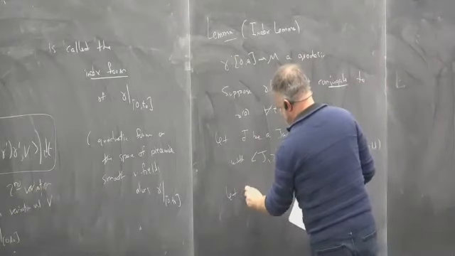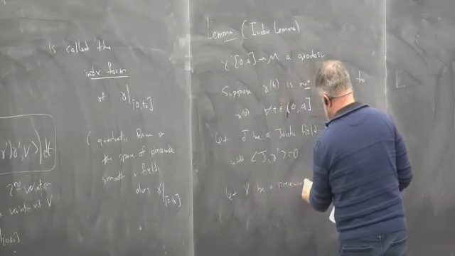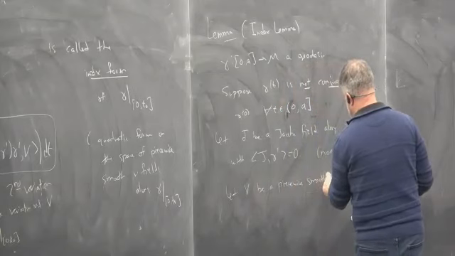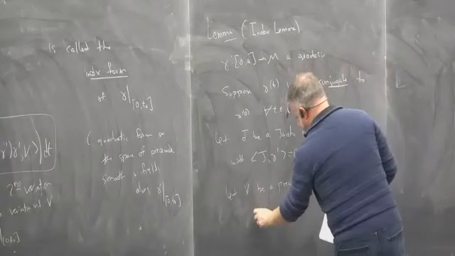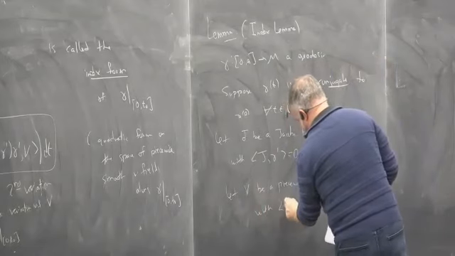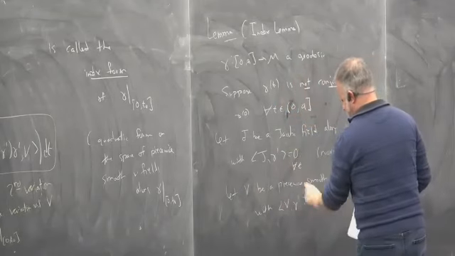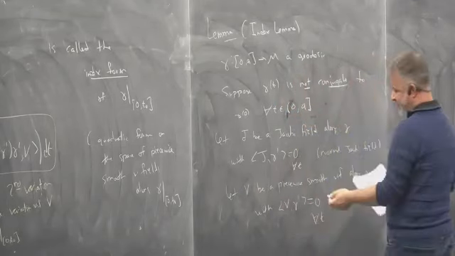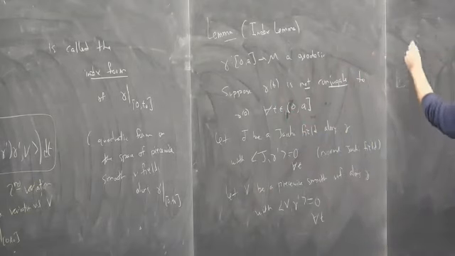And let V be a piecewise smooth vector field along gamma with V inner product gamma prime is 0 for all T. Okay, so both J and V are orthogonal to the velocity of gamma everywhere.